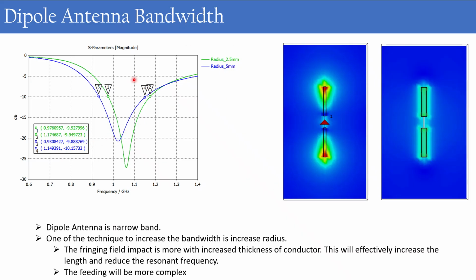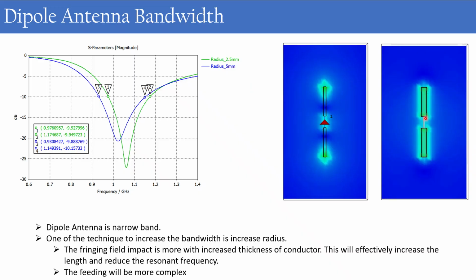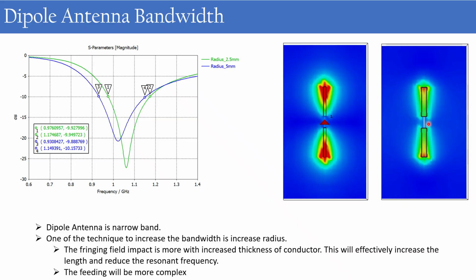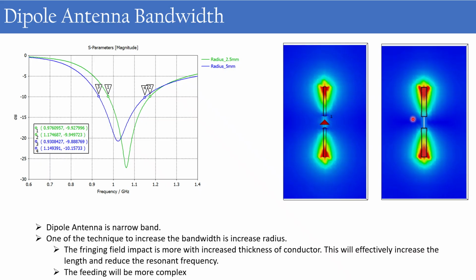That is why we are seeing the resonance frequency of the 5 mm antenna getting reduced when we increase the thickness. Also, when we increase the thickness, it will be very complex to provide feed in between these two poles. So there is more complexity when we increase the thickness of the conducting wires.